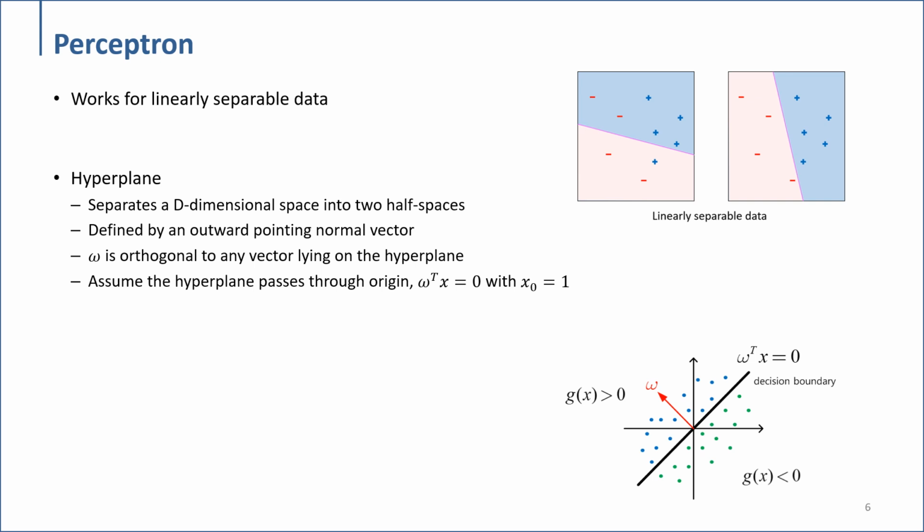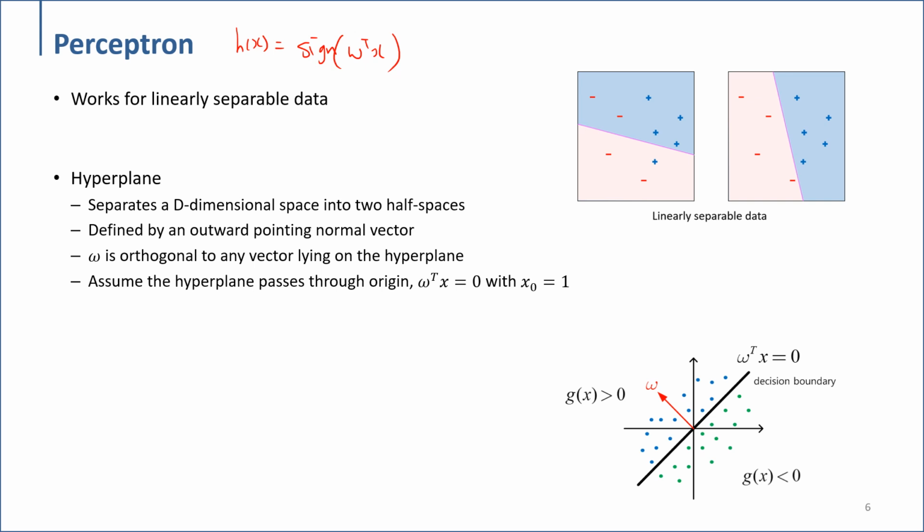So in previous slides, we have learned that the mathematical expression for the perceptron or classification problem is nothing but h(x) is equal to sign, determining the plus or minus sign of omega transpose x.